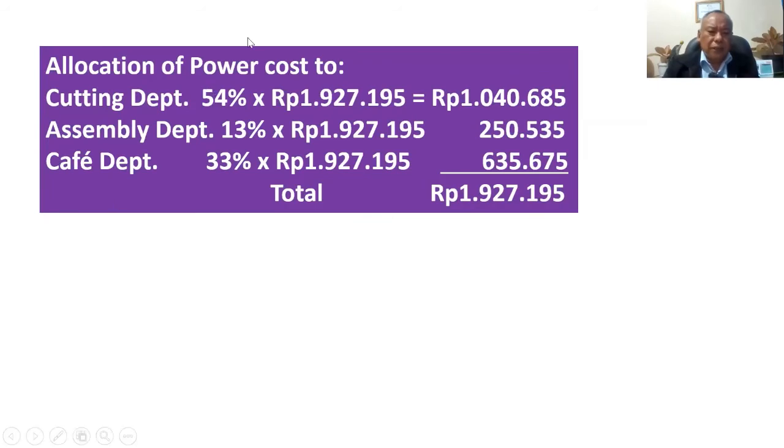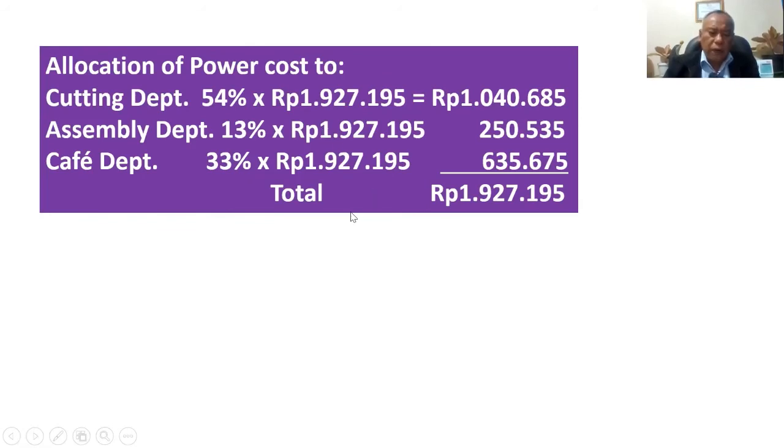So the allocation of power cost to the cutting department, because power provides service 54%, and then provides service to the assembly department 13%, provides service to the cafe department 33%, multiplying by the total costs after allocation. So we find this number, and then the total must equal the total cost that we allocate.